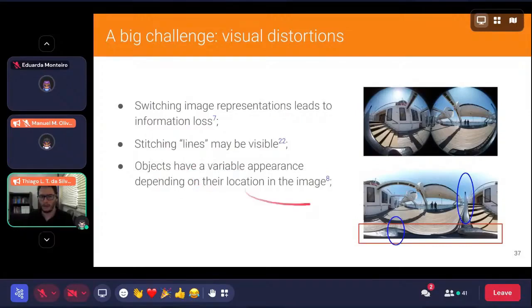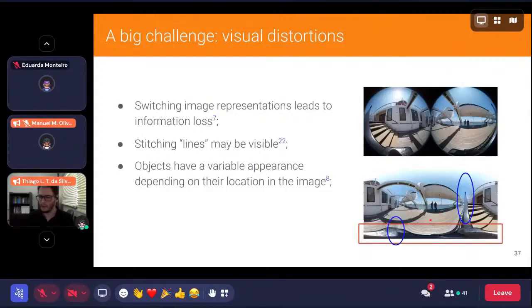Well, the objects have variable appearance depending on where they are in the image. I don't think this example is good enough, but we can think that me and Cláudio are not in the same position. So let's think that I'm closer to the camera. I will have some kind of distortions that Cláudio has not. So Cláudio is in the equator line, far from the camera.